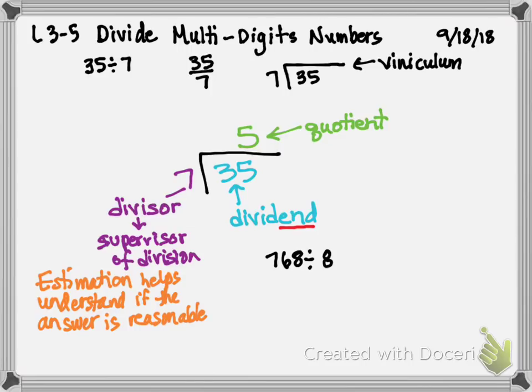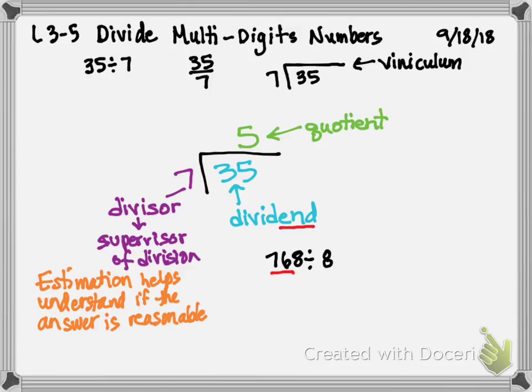Generally, I'm not going to round single-digit numbers, but this is where the rounding would occur. If I rounded 768 by normal means, I might round it to the nearest hundred and get 800.